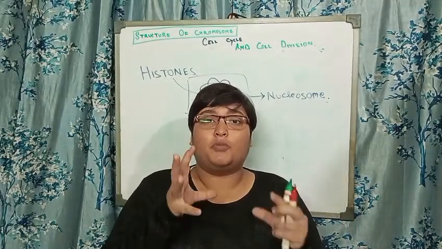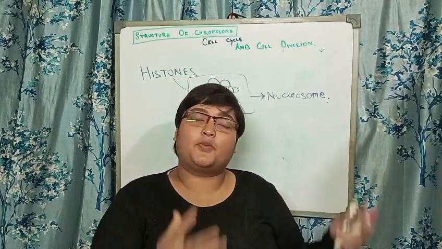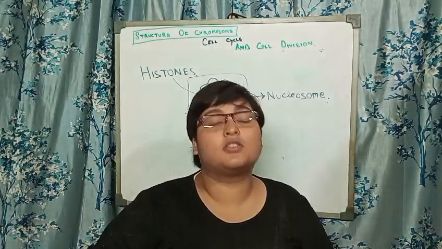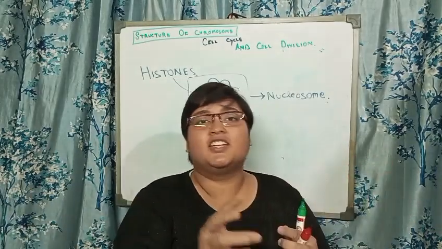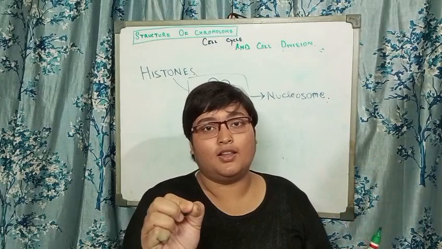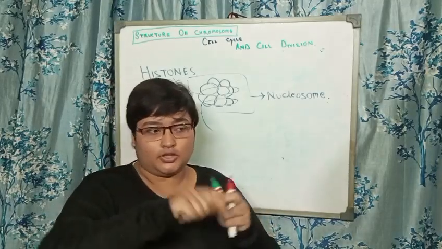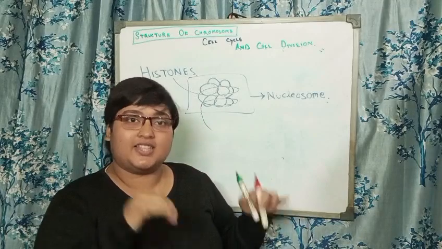Because almost 2 meters of chromatin is present in one single cell. That means it's a huge length compressed or adjusted in a very minute cell. Thus, they need to be compact, so they coil around themselves. Fine. So this part ends here.